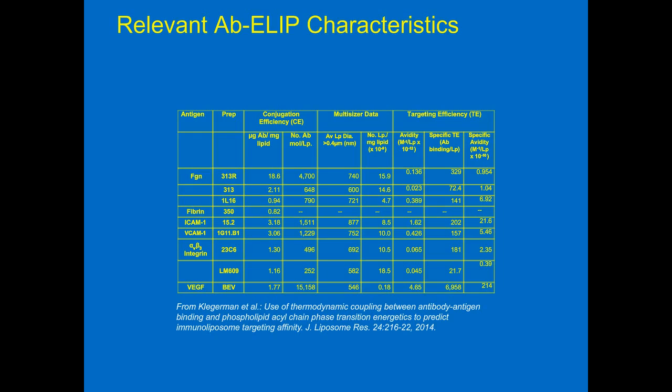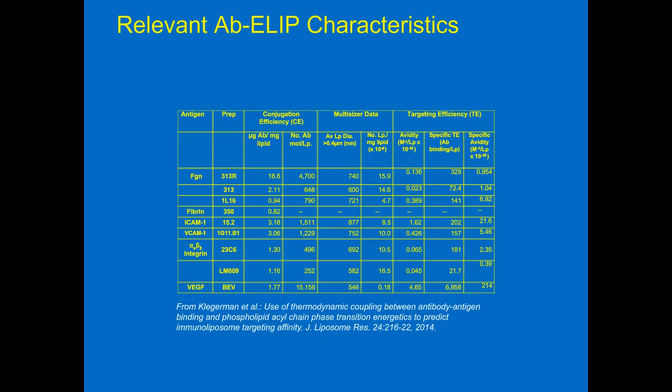And then we get into the targeting parameters. So this is the specific avidity, and using a physiologic flow simulator, we have shown that 2 times 10 to the 12th liters per mole per liposome is optimal. And this is not easy to achieve. However, anything approaching that value will give you a very useful formulation that gives you good binding and functional utility.